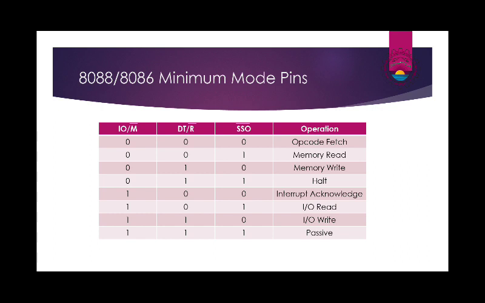So in this table there are 6 bus cycles: opcode fetch, memory read, memory write, IO read, IO write, and interrupt acknowledge. And there are 2 states. First one is halt state and second one is passive state.